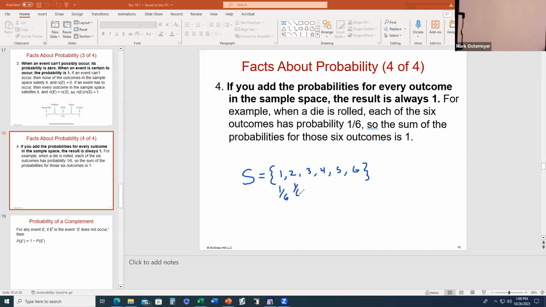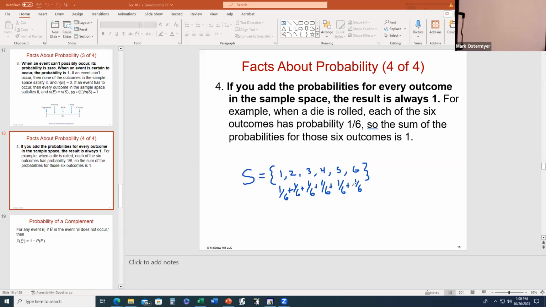1/6, correct? So what this last important requirement is saying for probabilities is that when you sum up the probabilities of the occurrence of all outcomes in a sample space, the sum of those probabilities has always got to be equal to 1.